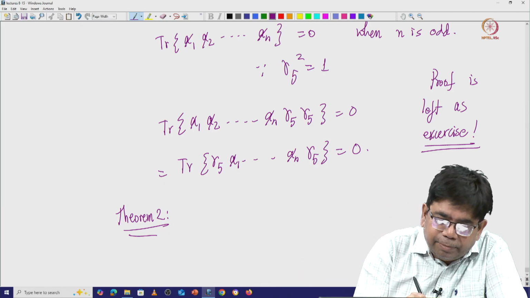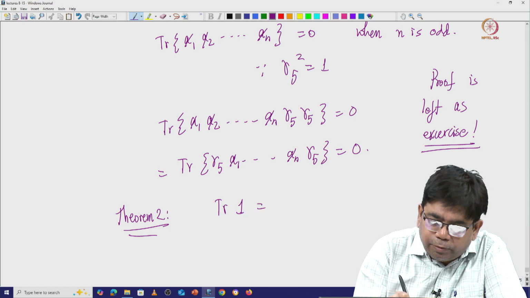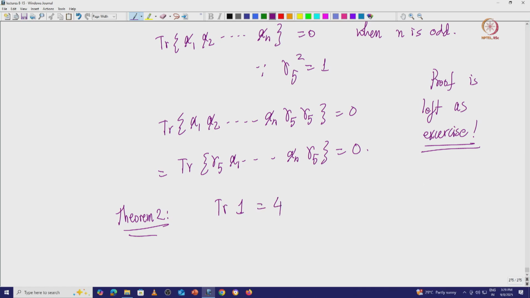The second trace theorem: trace of 1 is equal to 4, and trace of A slash B slash is equal to 4 A dot B. The trace of the unit matrix is 4, which is obvious because it has 4 diagonal entries.